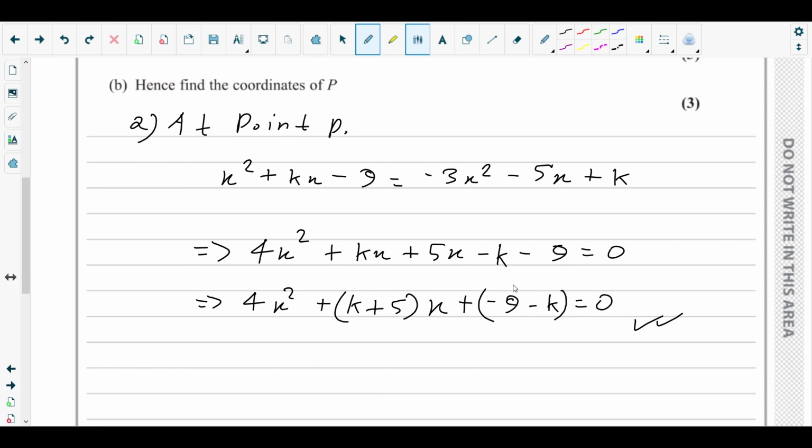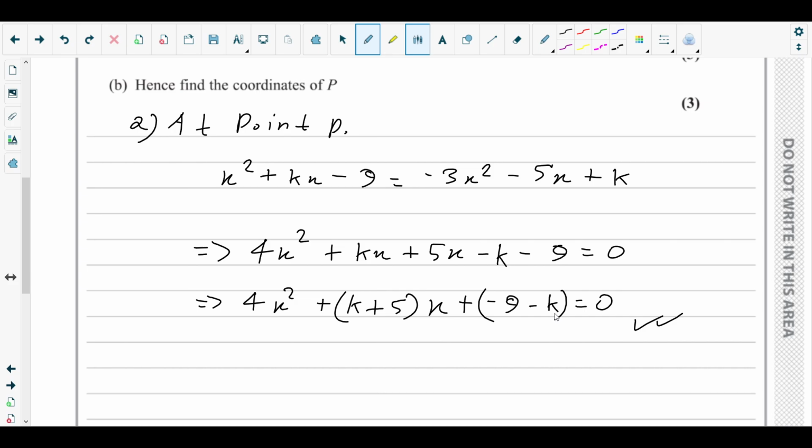If this equation has no solution, then there will be no points of intersection between the two curves. If this equation has two solutions, then there would be 2 points of intersection between the two curves, and if this equation has only one solution, that means there will be only one point of intersection between the curves C1 and C2.